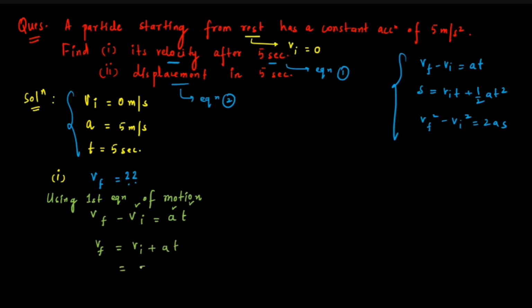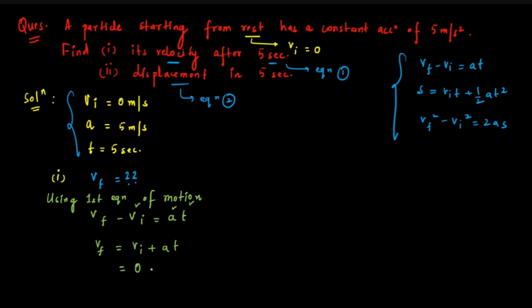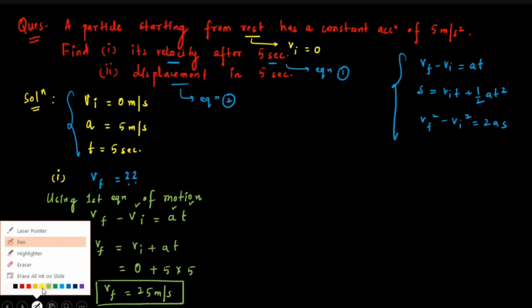Initial velocity is 0, acceleration is 5, and time is also 5. So V final is going to be 25 meters per second. This is how we need to find this out.